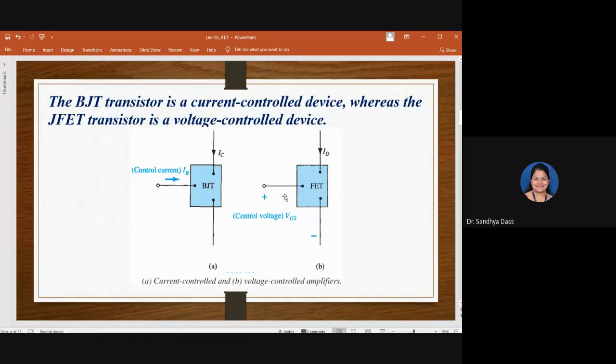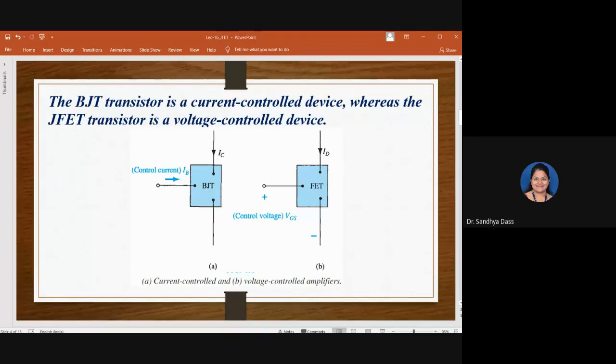Because of this feature, it is a voltage control device. The amount of voltage applied between gate and source will be controlling the output drain current.